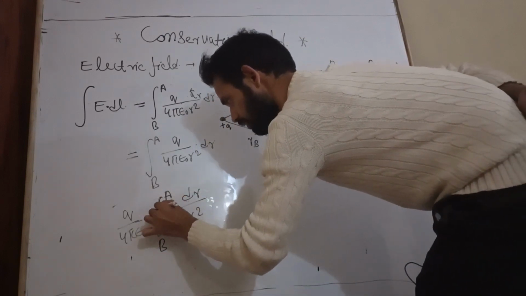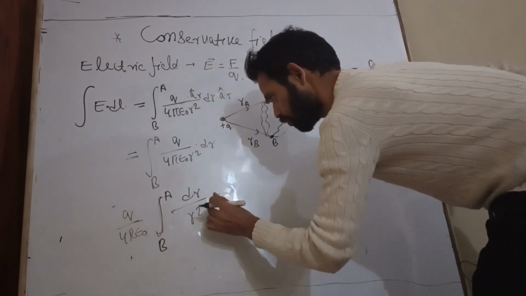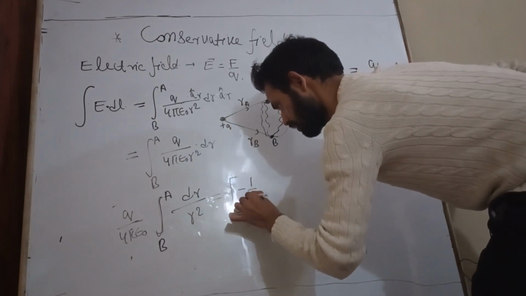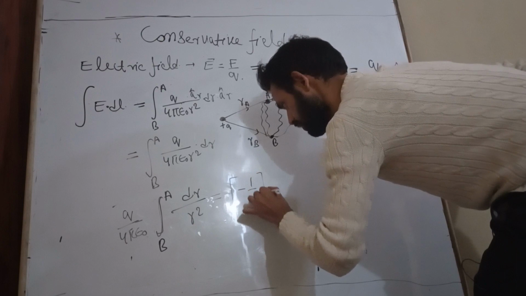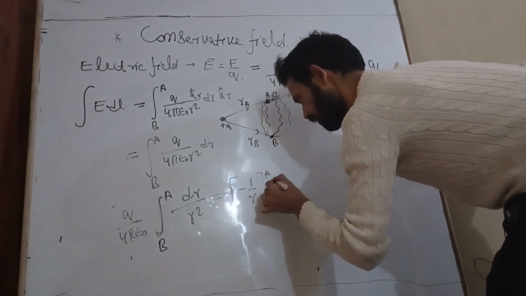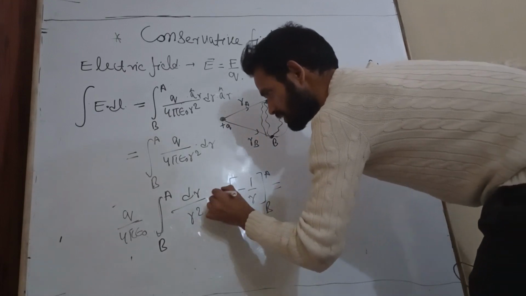Integrating 1 by r square gives minus 1 by r, and we put in the limits from B to A.